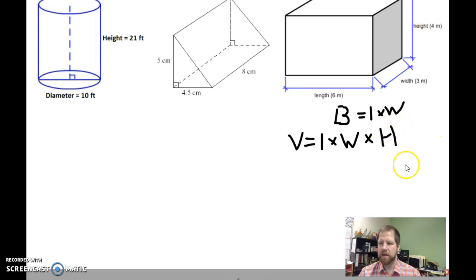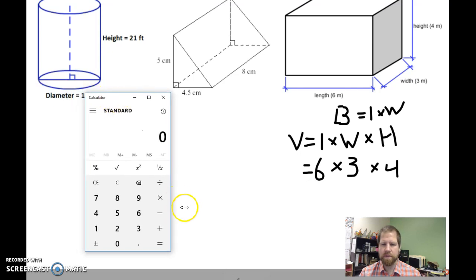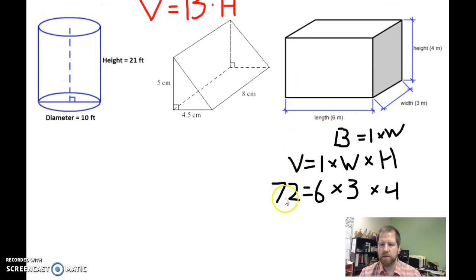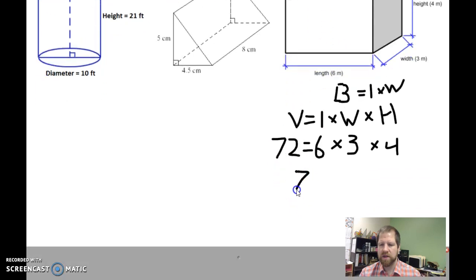Okay, so my height is 4. My width is 3. And my length is 6. Okay, and you can grab a calculator, and 4 times 3 should be 12, times 6 should be 72, and our volume for our rectangular prism here should be 72, and it should be 72, in this case, cubic meters.